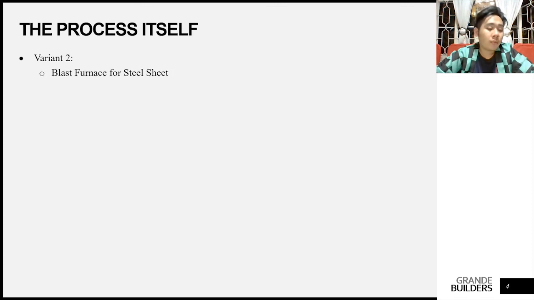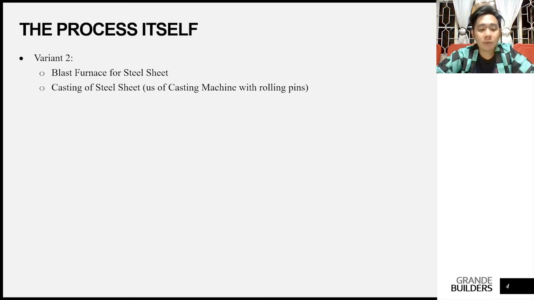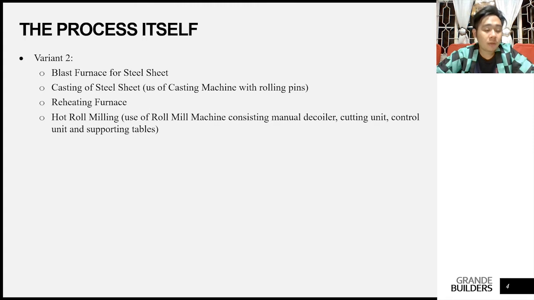First, by using the blast furnace, this is to create the steel sheet. After creating the steel sheet, you cast it. Casting of the steel sheet is done with the casting machine with rolling pins. After that, we reheat the furnace for the remodeling, for making the steel sheet flexible.